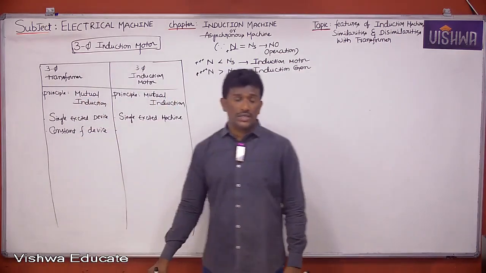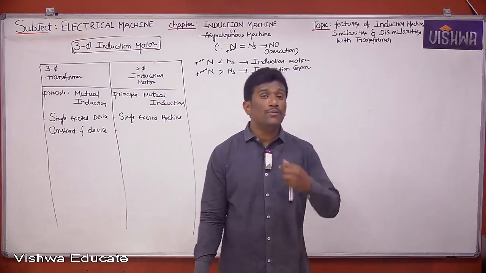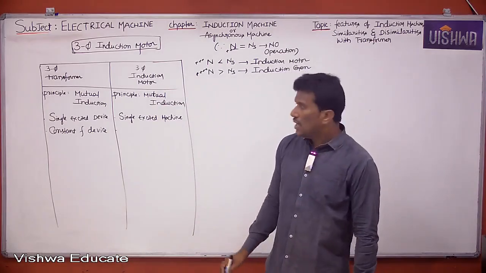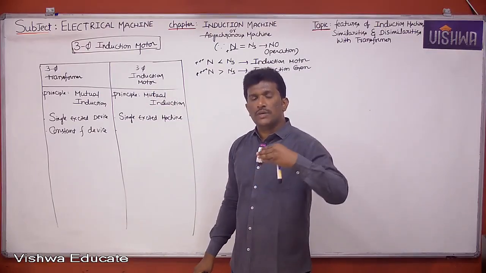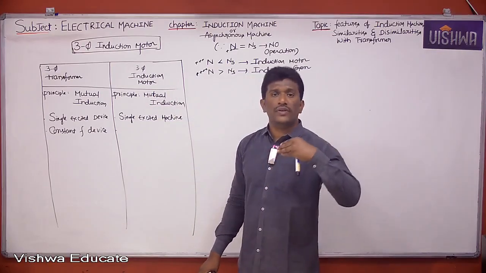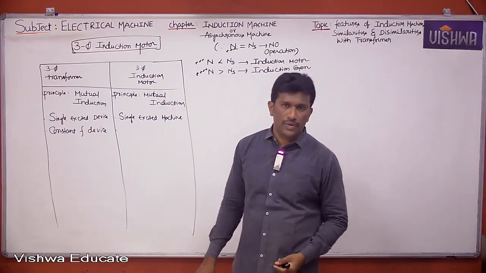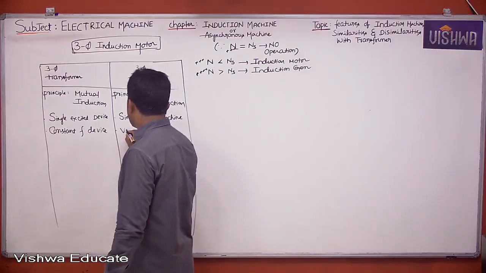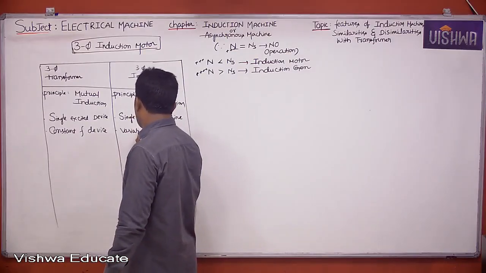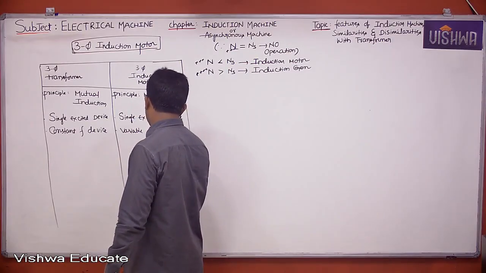What about induction machine or induction motor? It's a variable frequency machine. Because if you take the example of an induction motor, the stator frequency, say, is f, and the rotor frequency becomes sf, slip times the frequency, which we will see in future. So it's a variable frequency machine.